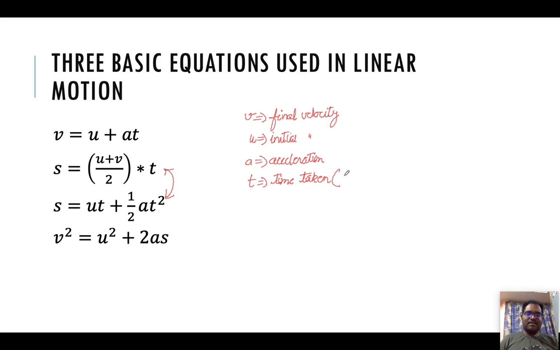Basically, this time taken is where it starts from U and it ends with V. So this is the time taken that is present in this equation. So V is equal to U plus AT.